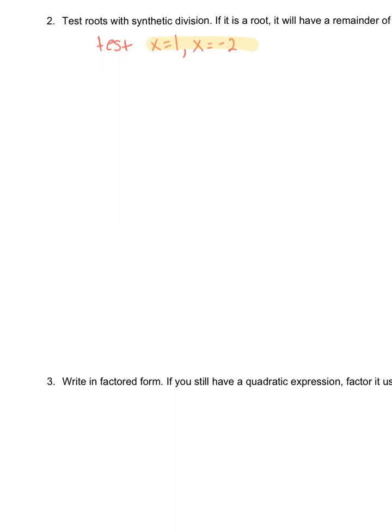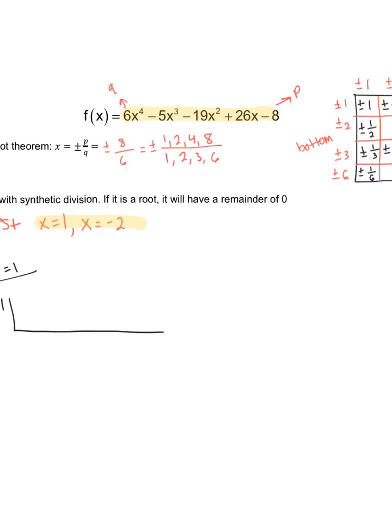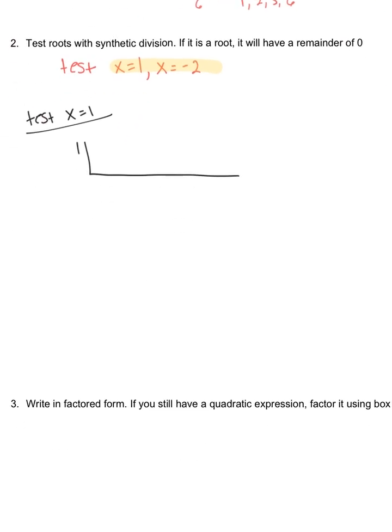So you're going to have two separate synthetic division problems. First thing I'm going to test is x equals 1. So that means on the outside of my box I'm going to put 1, and then I'm going to put all of my coefficients. And remember, I'm using the equation highlighted up there.